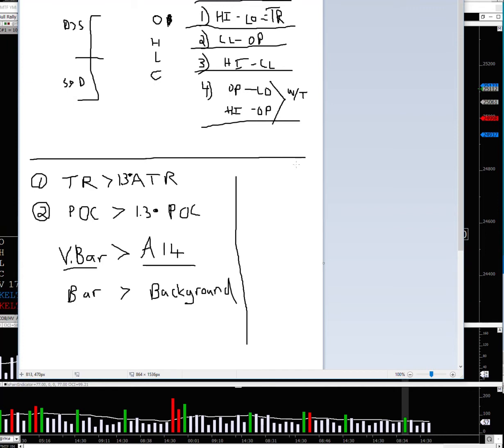So this is the basic foundational analysis of supply and demand based bars, where you're looking at the range and the close, and you may want to take a look at the wicks or the position of the close and compare it to the background. The way you do that is get the average, like average true range for 14 bars, or the position of close for 14 bars, or the wicks for a 14 bar average, or whatever.